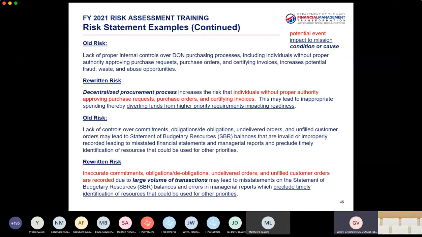So in this particular example, the condition isn't clear in the old risk, and now we've indicated it is due to a large volume of transactions, which helps better explain how this might happen, or what would create that risk. This will also help you in terms of identifying a control. Understanding the condition or the cause allows you to put a proper control in place to address that potential condition or cause. Next slide.